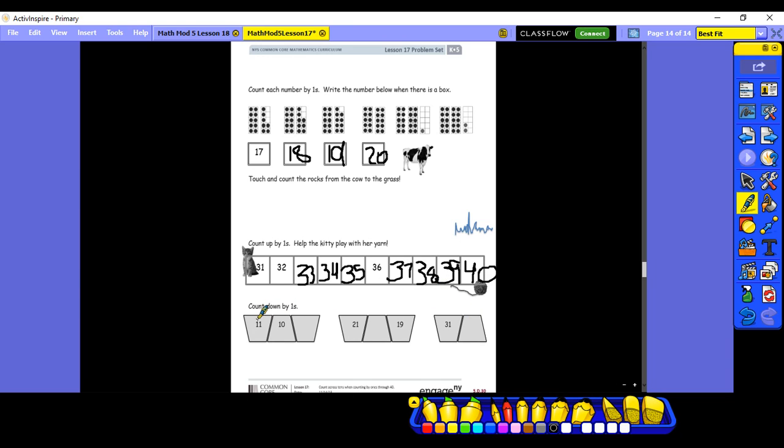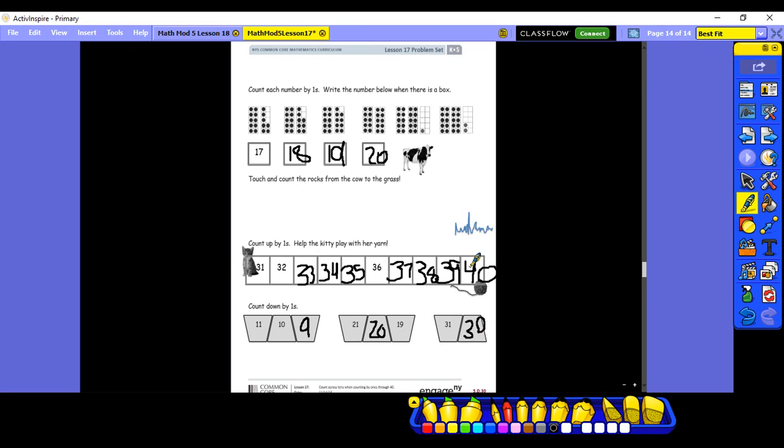Can we practice counting backward now from an amount? 11, 10, 9. 21, 20, 19. 31, one less, 30.